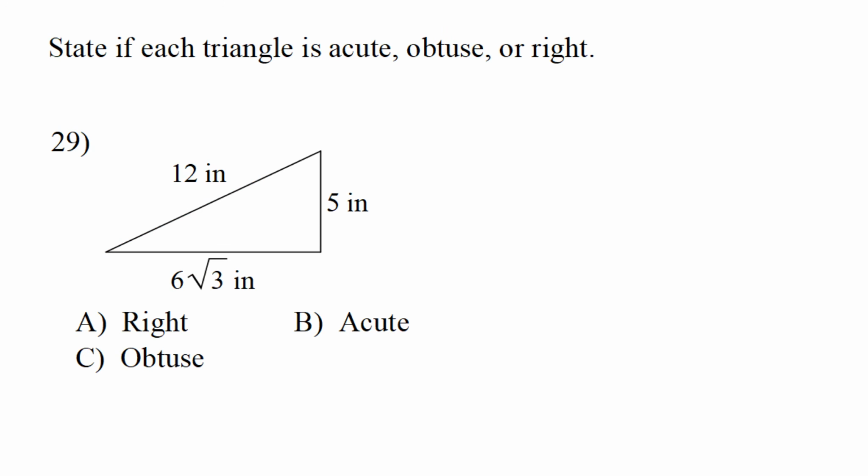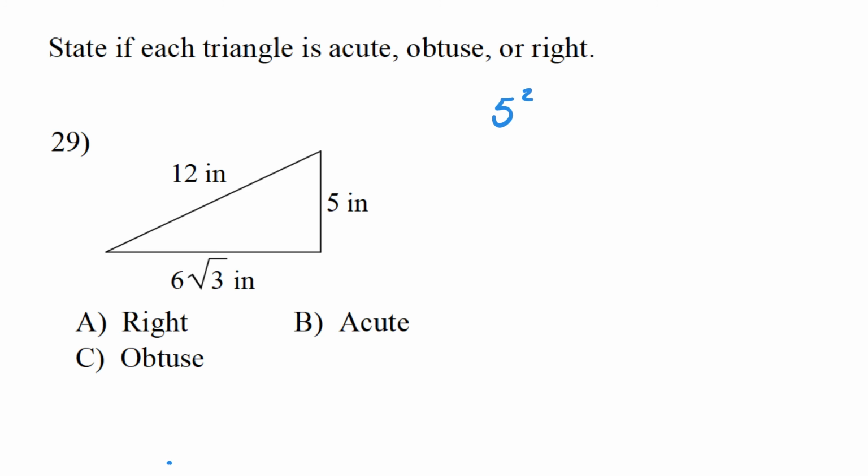The next thing we're going to need to do tomorrow is to identify if a triangle is acute, obtuse, or right. Don't look at this picture and try to make that distinction, because that could be 90 degrees, that could be 91 degrees, that could be 89. You wouldn't be able to tell those with the naked eye, so we're going to put this to the test.